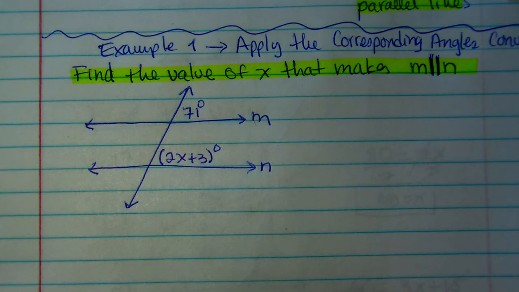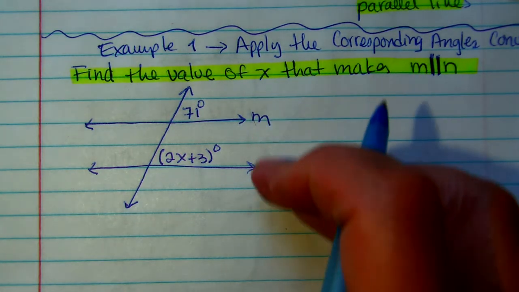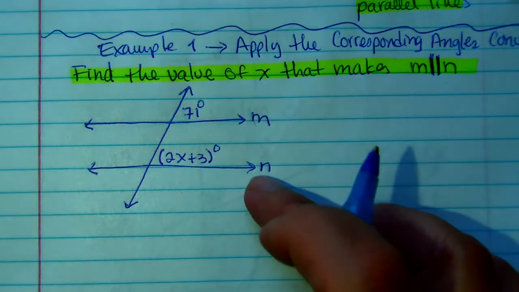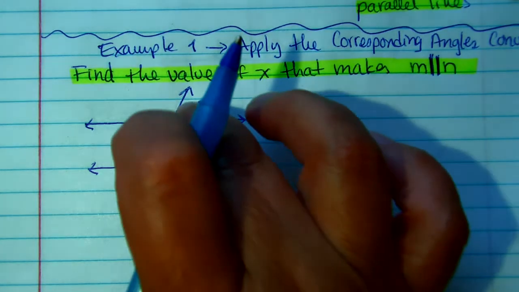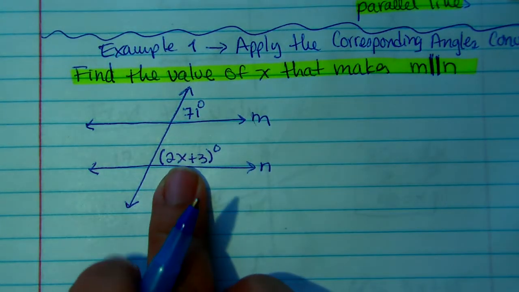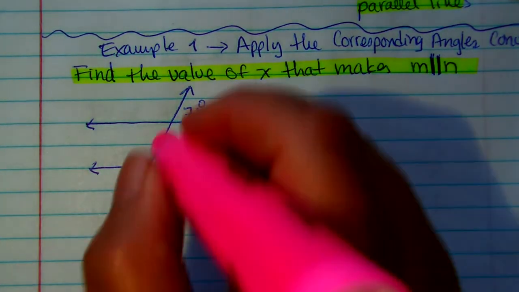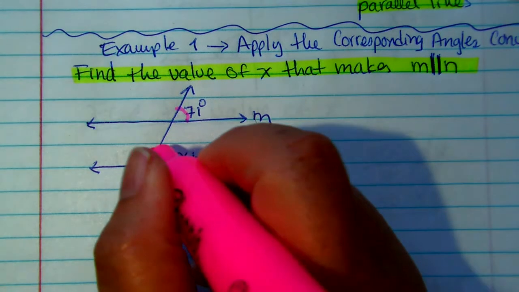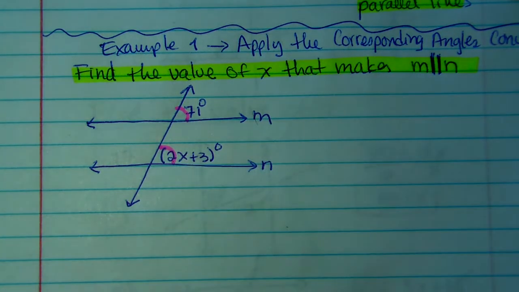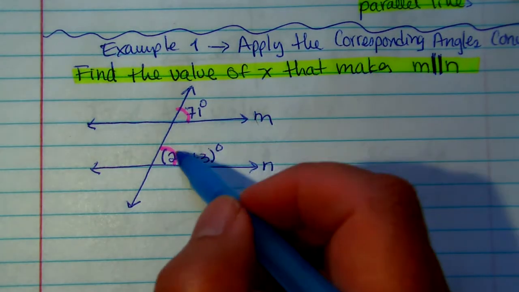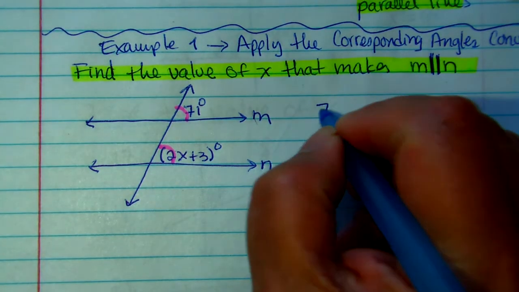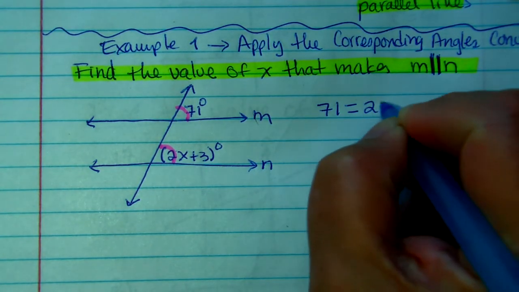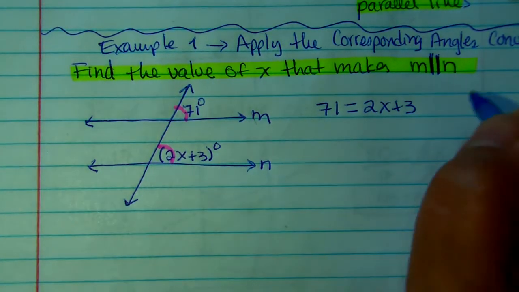Okay? So what is going to make these two lines parallel? The only way these two can be parallel is if this one and this one are congruent, because they're corresponding. They have the same position. So if these two are congruent, we can prove that by writing 71 equals 2x plus 3.